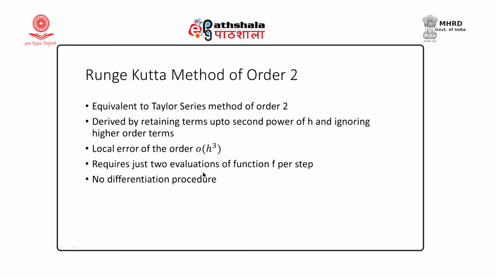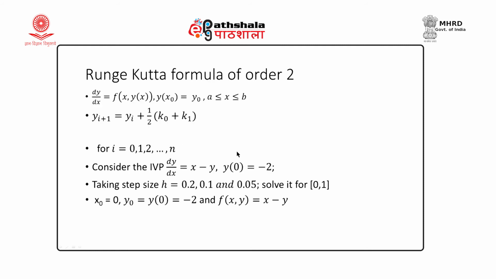There is no differentiation procedure involved here, and the formula just needs 2 evaluations of function f per step. So, it is very convenient, very handy to apply, and gives the same accuracy as the Taylor series method of order 2. Before we proceed, let us solve one example and understand the formula.